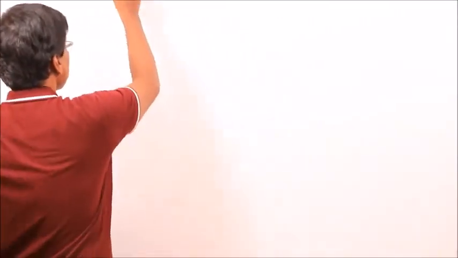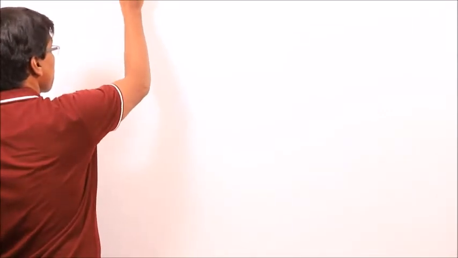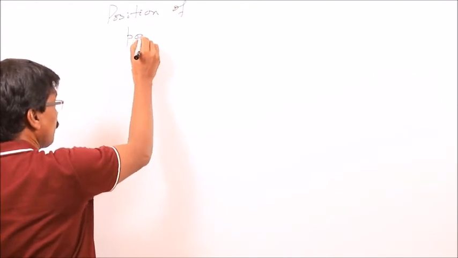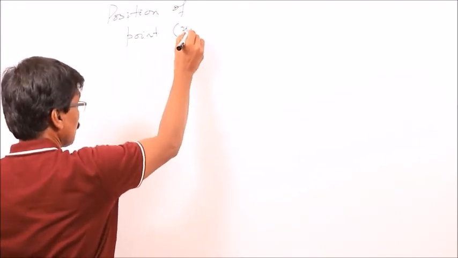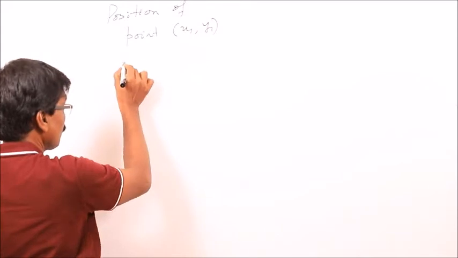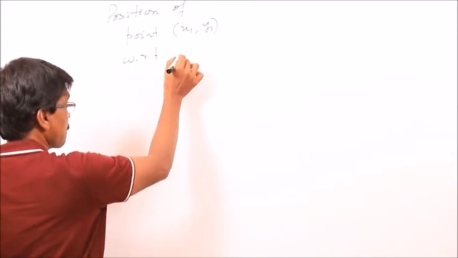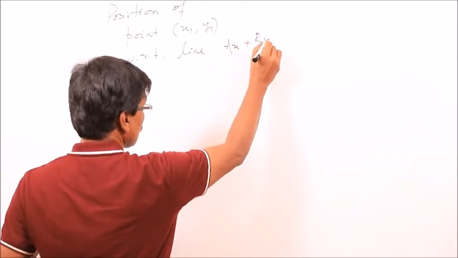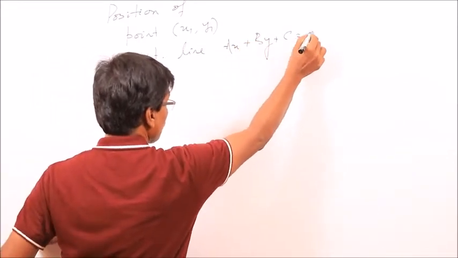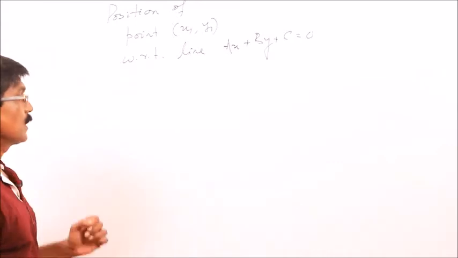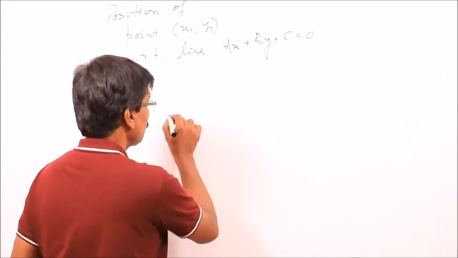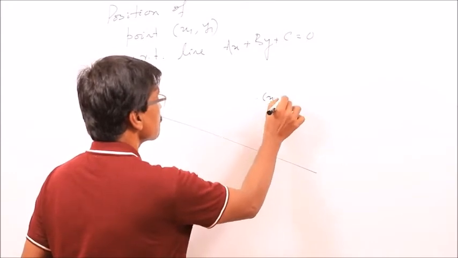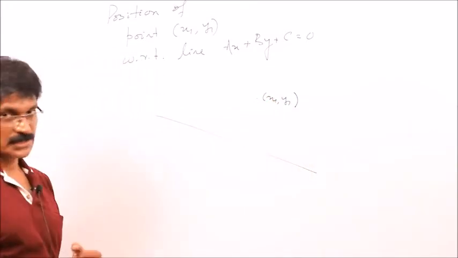Next we have position of a point x1 y1 with respect to line ax plus by plus c is equal to 0. So, if a line is given and a point x1 y1 is given, so what is its position?